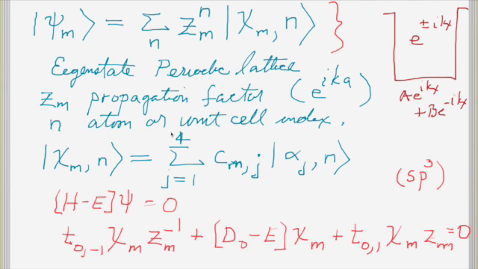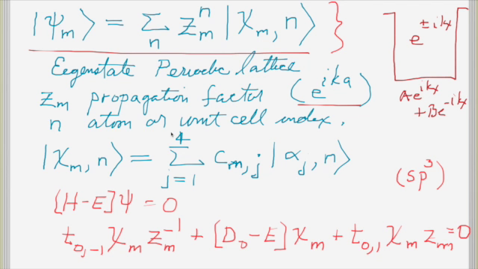And so what we're doing is we know the general form of the eigenstates of our periodic lattice, which we wrote up here. It's this Bloch sum form where z is your propagation factor, and you can just think of it as e to the ika, where in general k could be complex. N is the atom or unit cell index, whatever the periodic index is. It's really formally the unit cell index.